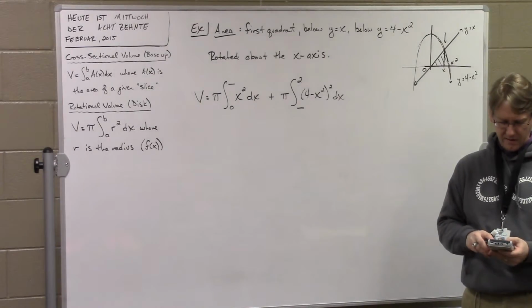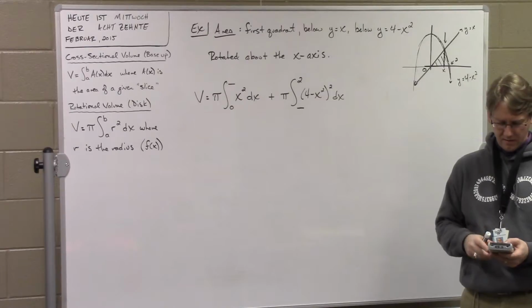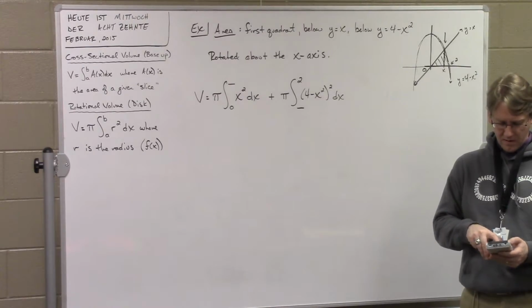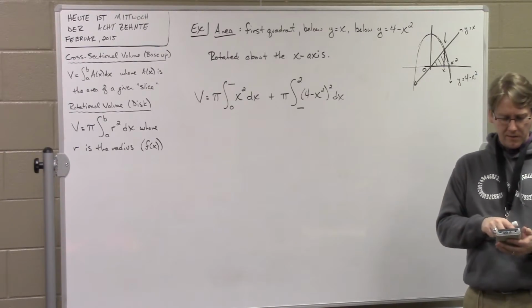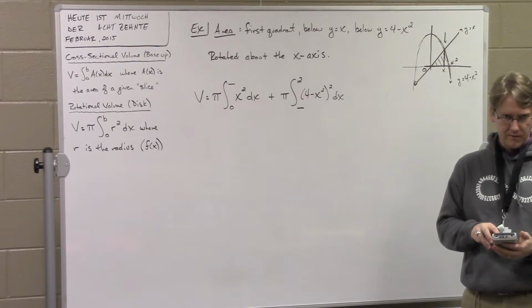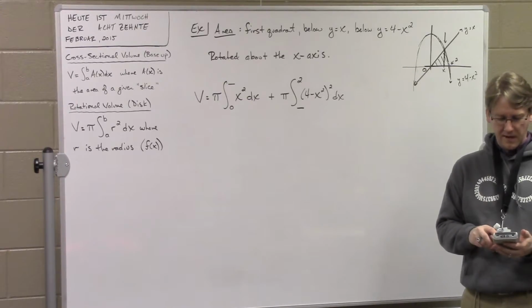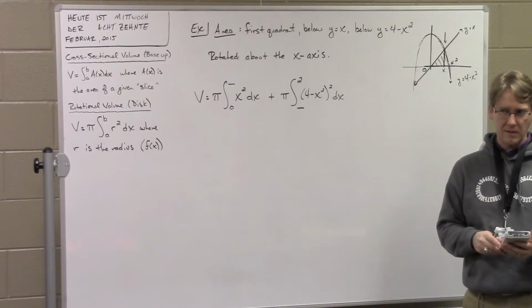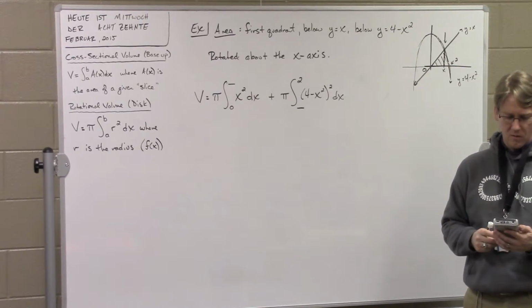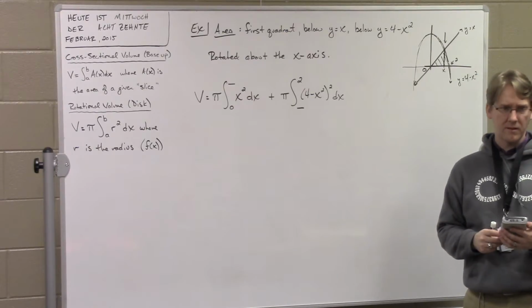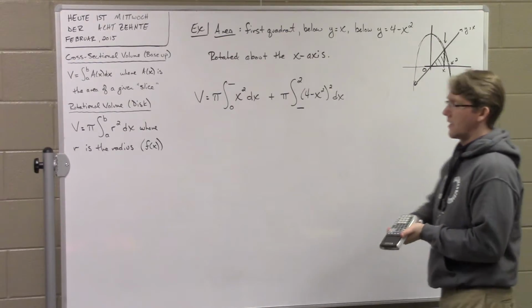Okay, lovely. I'm going to do second, calculate, which is over there by trace, intersect, and I need to make sure I'm near the point I want, or it might give me the other point. And it tells me 1.56155528.